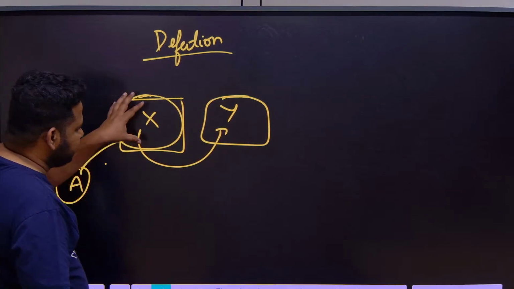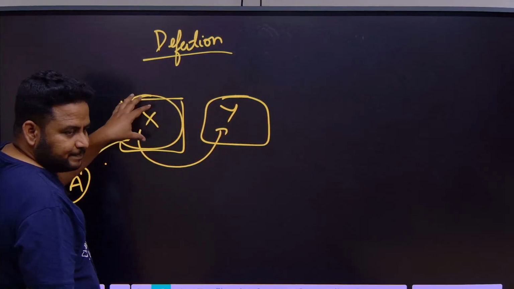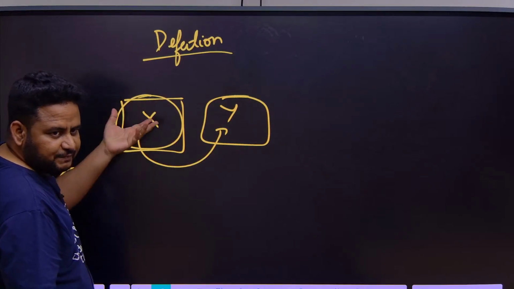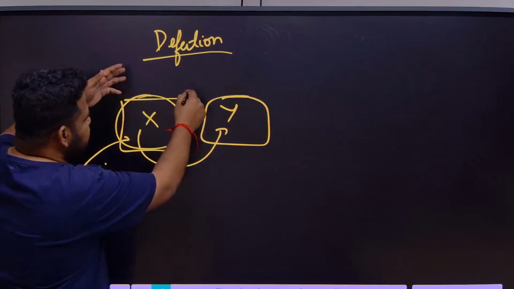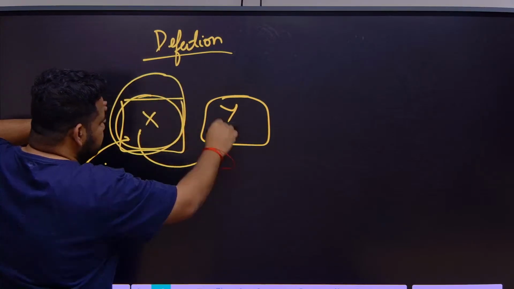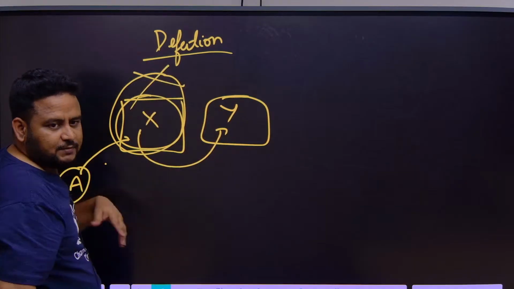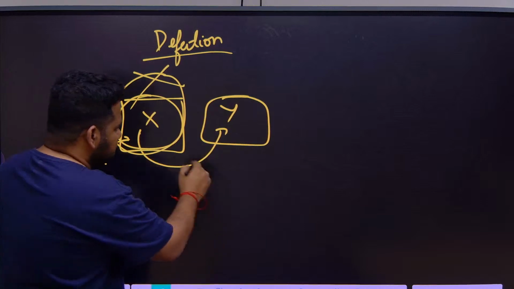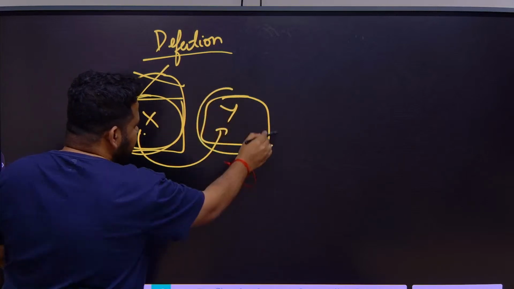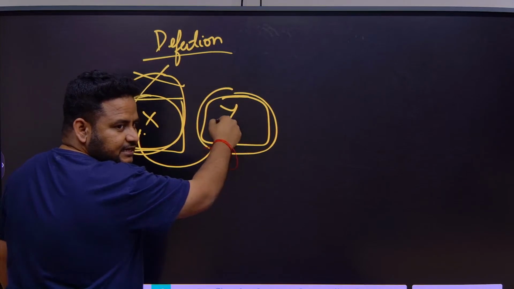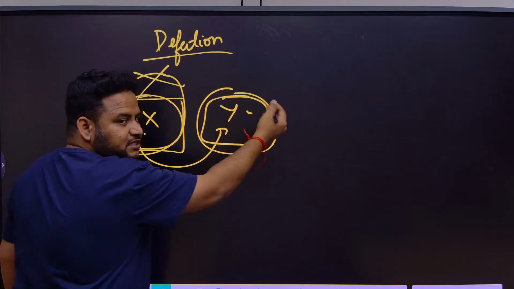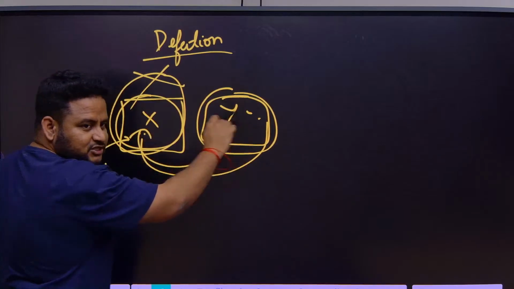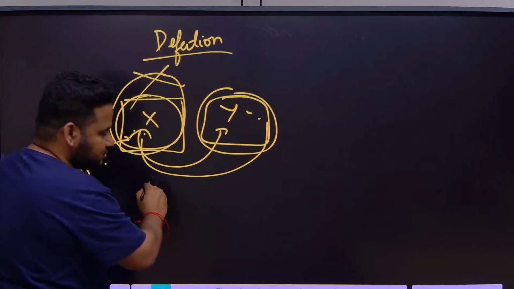Like this, if many people leave, this party will shrink. The number of MLAs will shrink, and already election was held. There was a stable government. Because of people jumping like this, the government will dissolve. It will become an unstable government. The administration will become unstable. Here they will form a government. Again, here you will get ministership for some time. Some other people will have to lose out on ministership. They will jump from here to here. Again, this will become unstable. So jumping from one party to another, this is called defection.